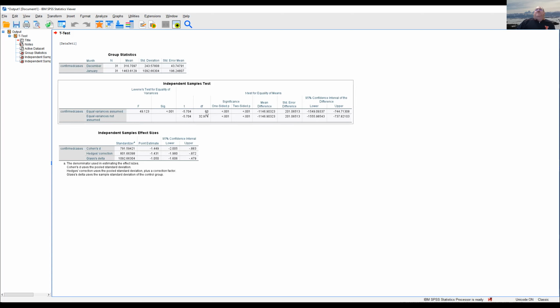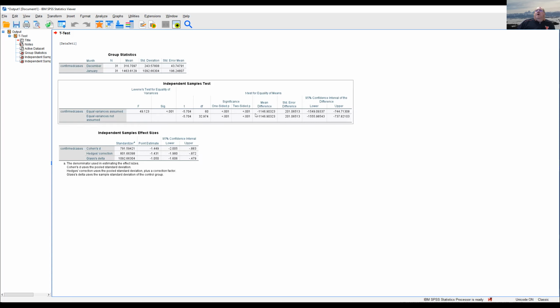Also with the degrees of freedom from the previous one, when we did this online using that online calculator, I should have added the degrees of freedom from both. 30 plus 30 gets you 60, but it's still showing you that it is significant.